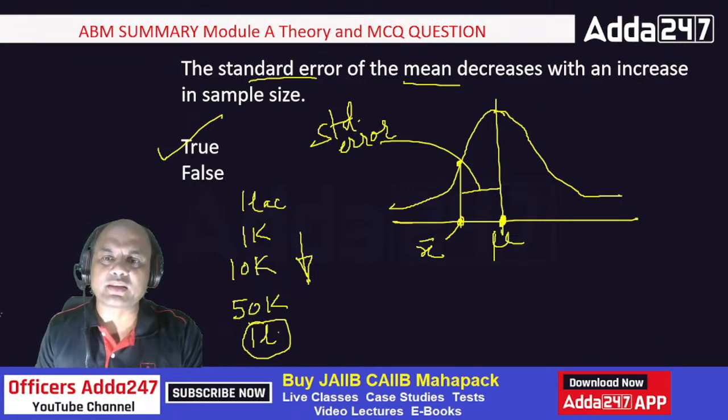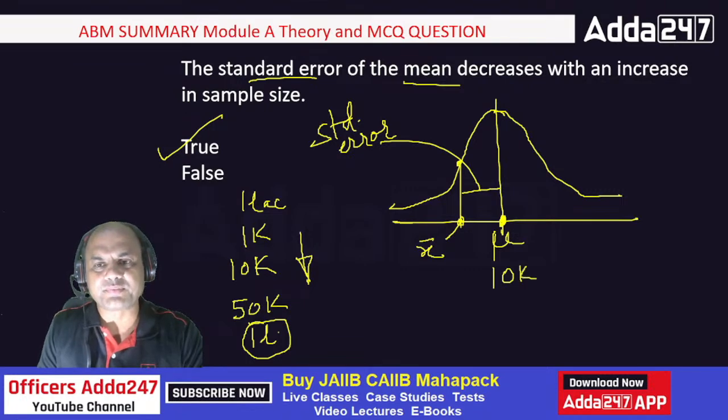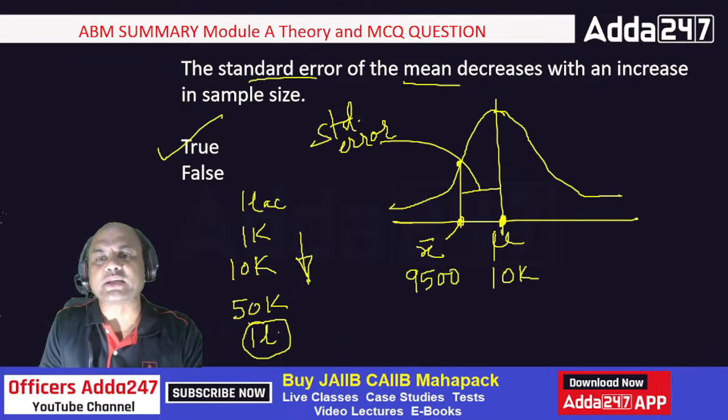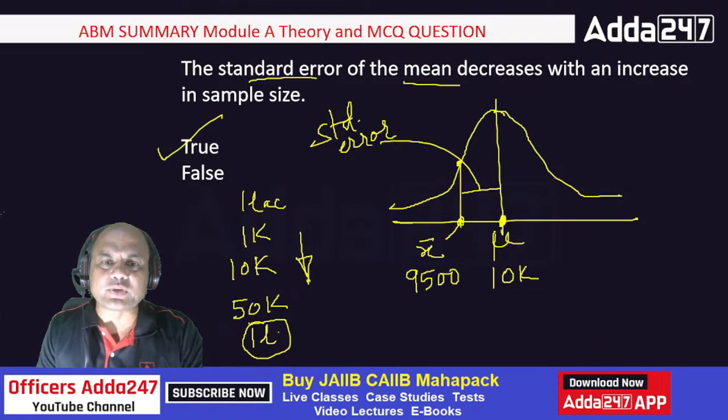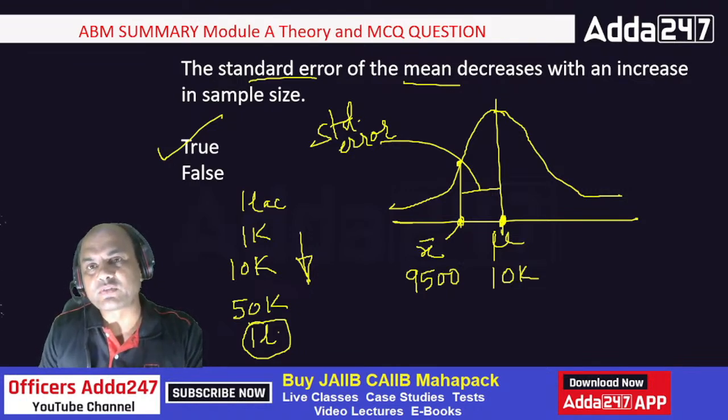Let's say this mu, the population mean, is 10,000 salary. And its x bar is, let's say, 9,500. This is the salary I am getting with a sample of 1,000. Now if I increase this 1000 sample to 1 lakh, what will be my sample mean?